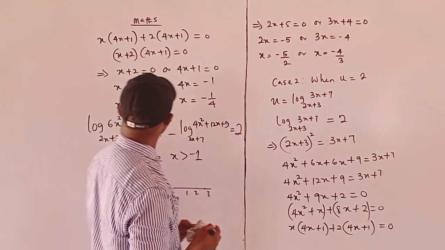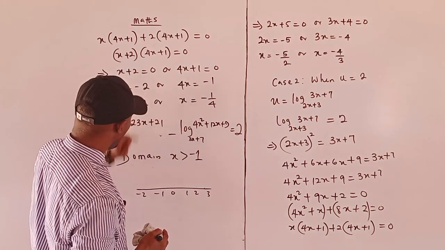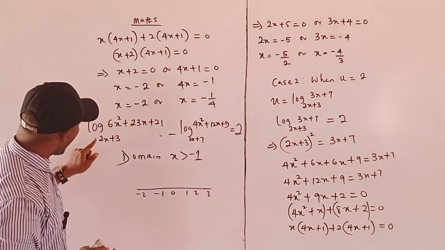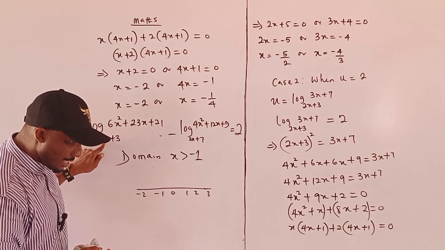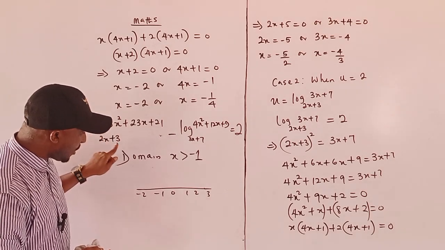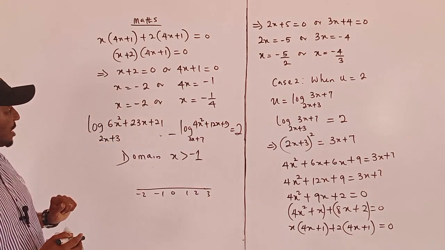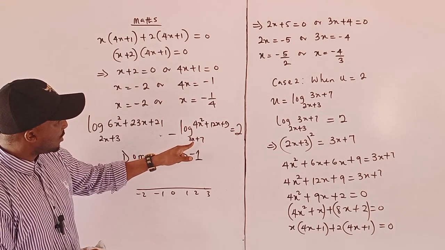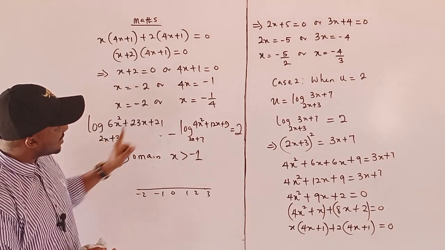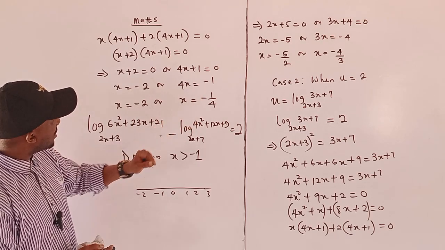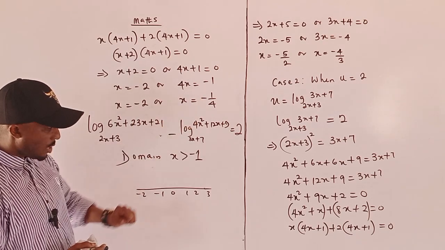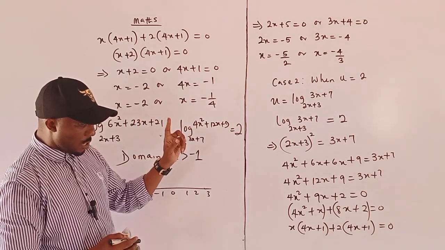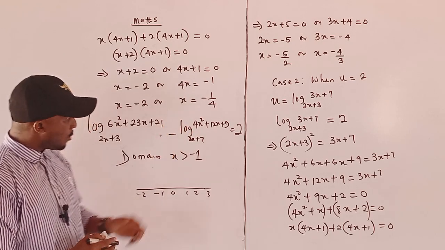Then I'll take another one, x = -2. If I multiply -2 by 2, that's -4, plus 3, that will be -1. That one is off. Then we come to the smaller one here, -1/4.